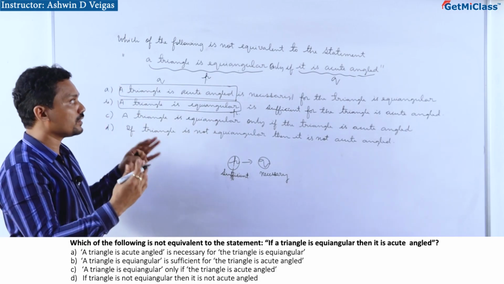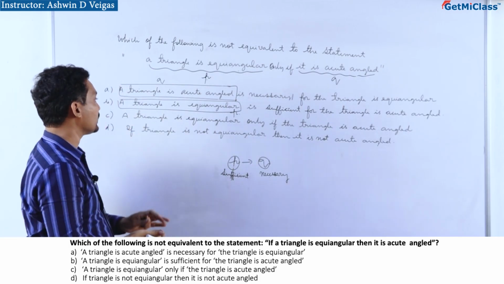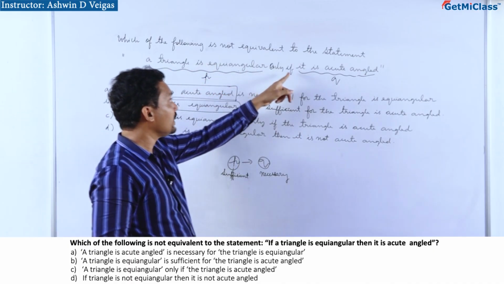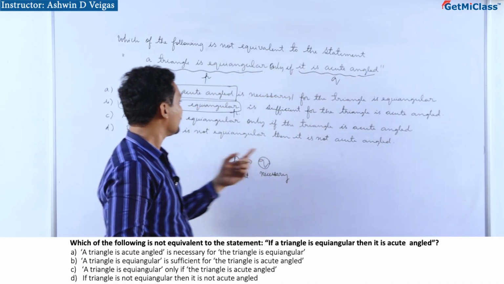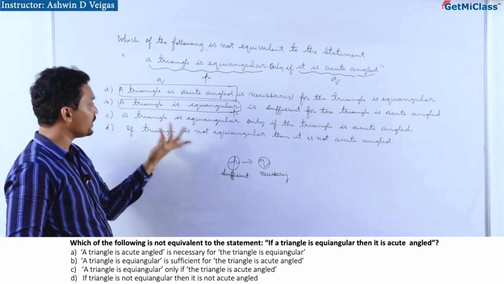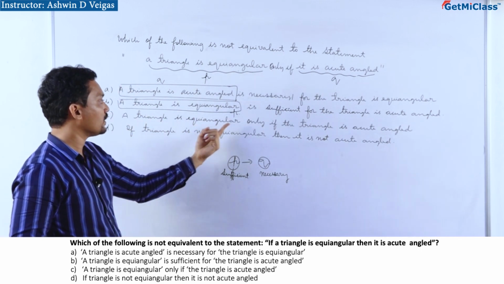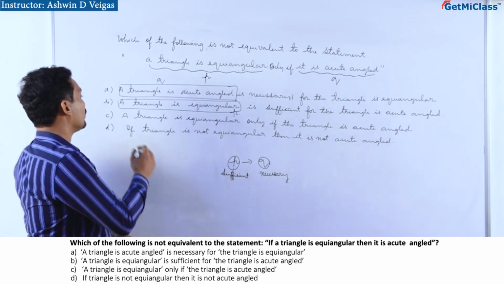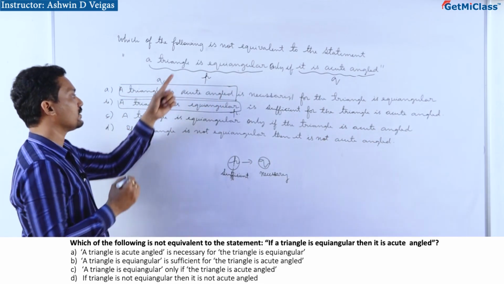Then also it will mean the same. If you read, a triangle is equiangular only if it is acute angled, it reads the same. So, option C also means the same.